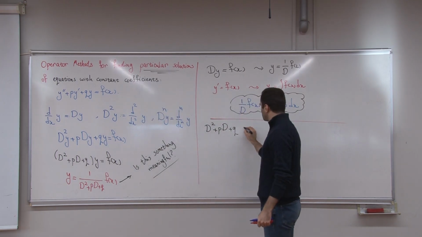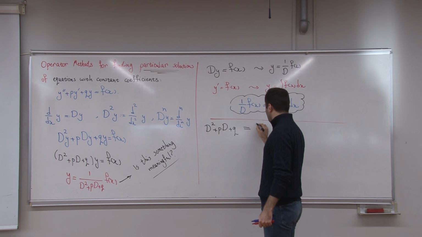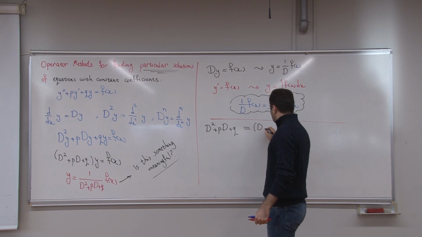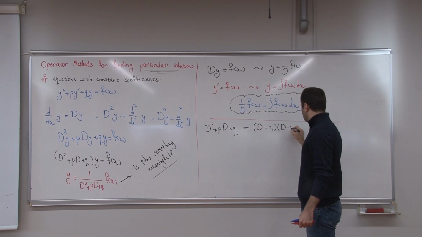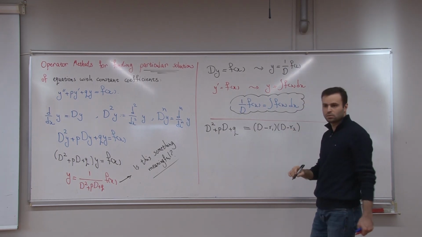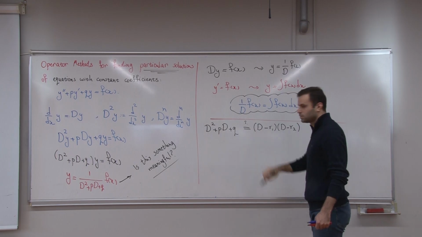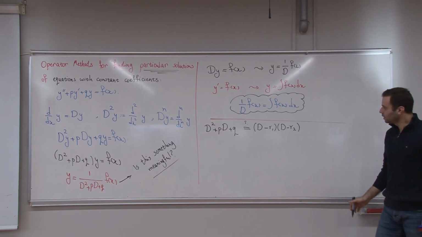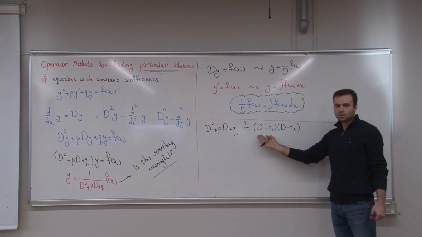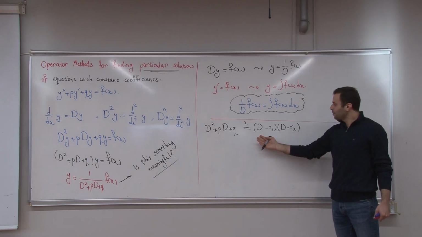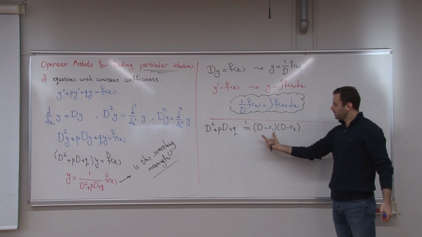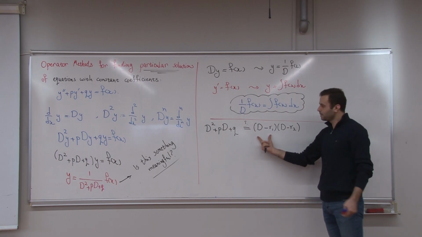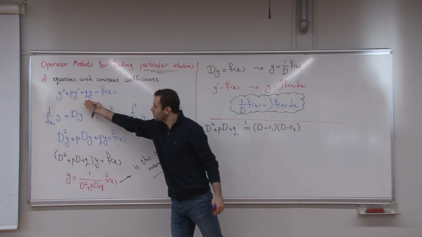Can I write this operator as multiplication of two linear forms? Because if I can do this, then I'm actually taking derivative first, then taking derivative again, and I'm arriving at this equation.